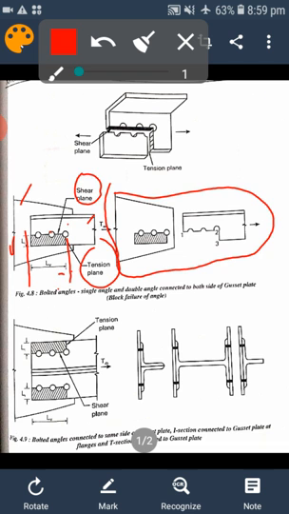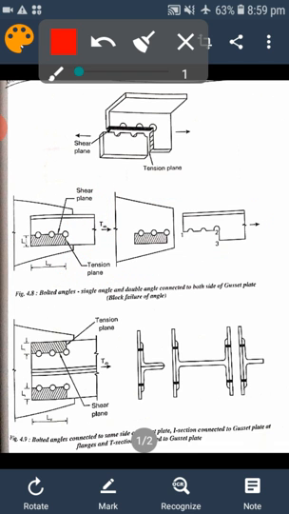So when this angle section is subjected to tensile force like this, some segment of the block may be left over on the gusset and some may come out like this. Sometimes the main member may come out along with the gusset material.